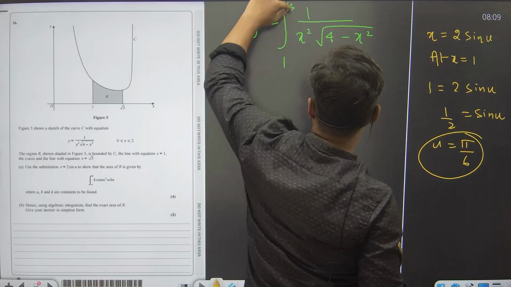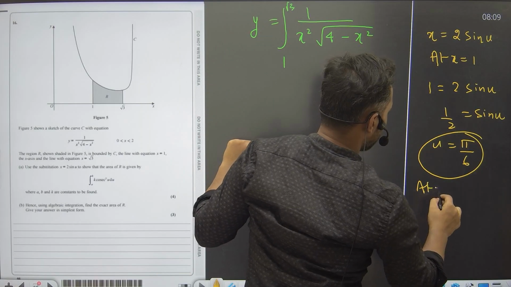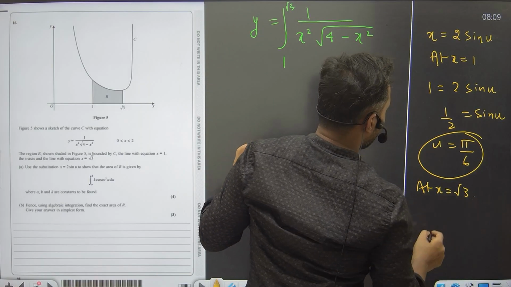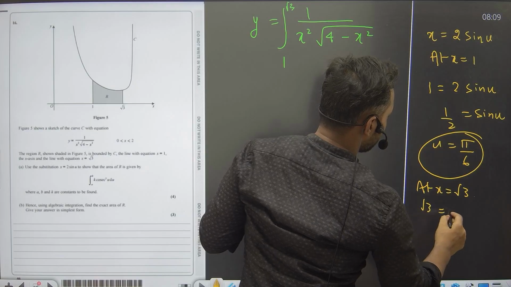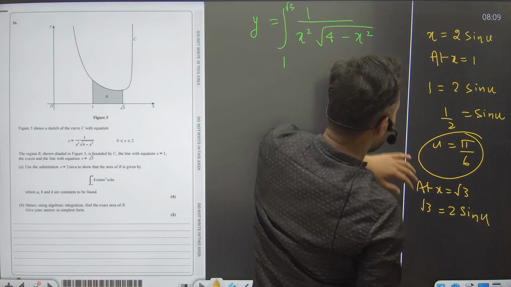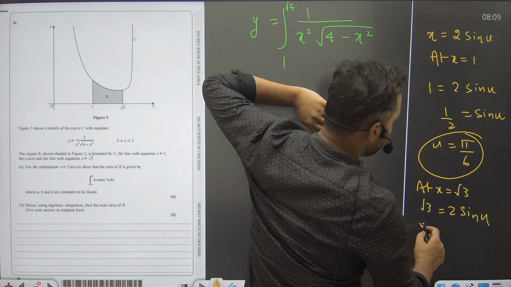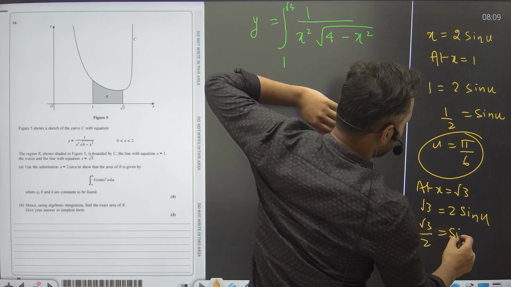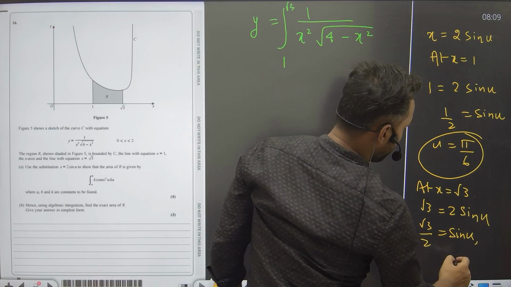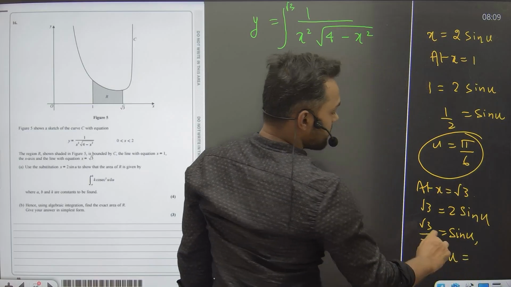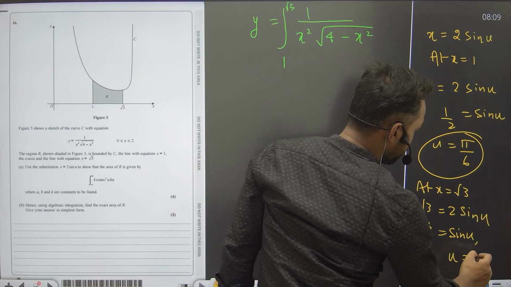Similarly, at x equals to root 3, what will be the value? Root 3 equals to 2 sin u. You need to plug in the value of x equals to root 3 in this equation. So you will get root 3 by 2 equals to sin u. From here you will get u equals to sin inverse of root 3 by 2, that is pi by 3.